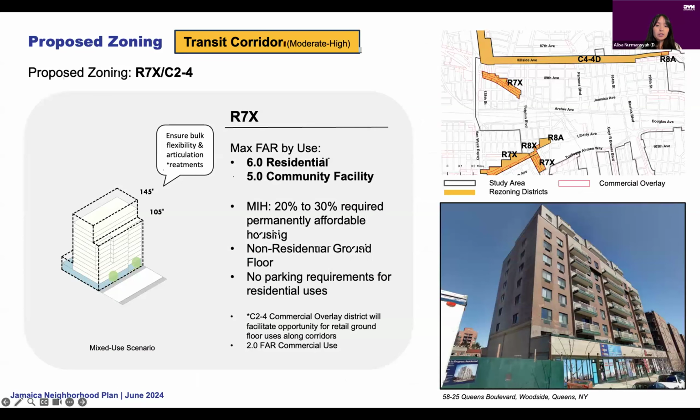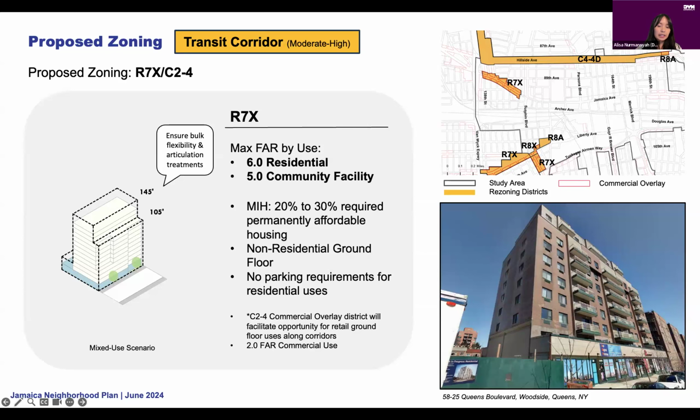To support these areas, we're proposing R7X districts by Sutphin Boulevard, Liberty Avenue, and the western portion of Jamaica Avenue, and C4-4D along Hillside Avenue. R7X districts allow for taller and denser buildings than the R7A we are proposing along Merrick and Guy R. Brewer.